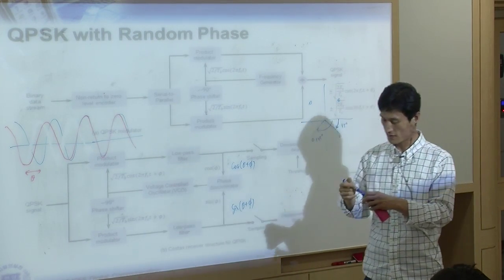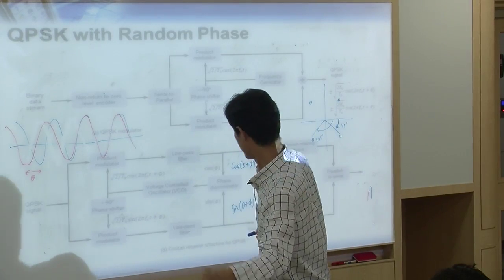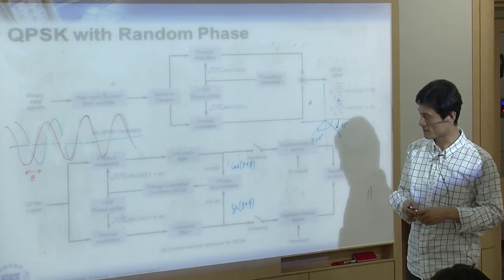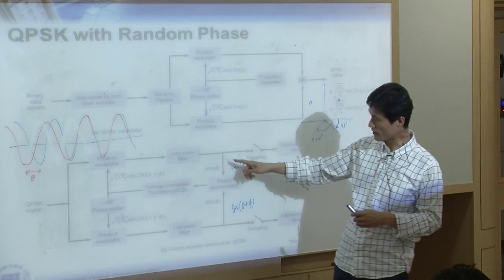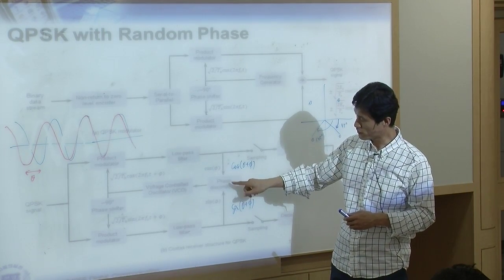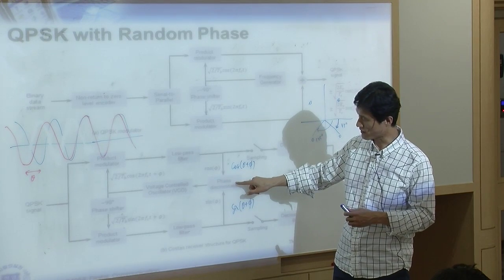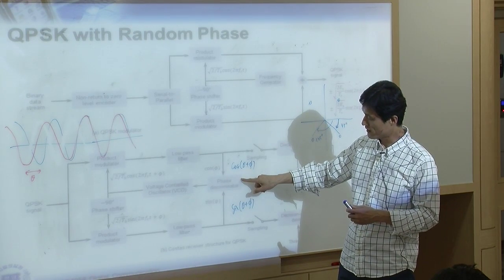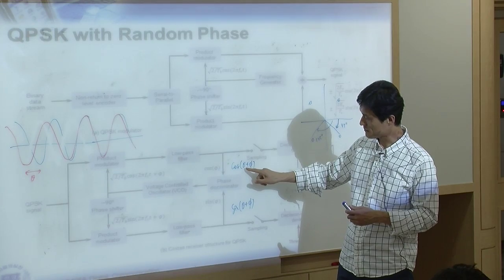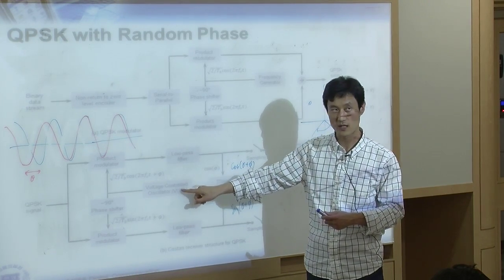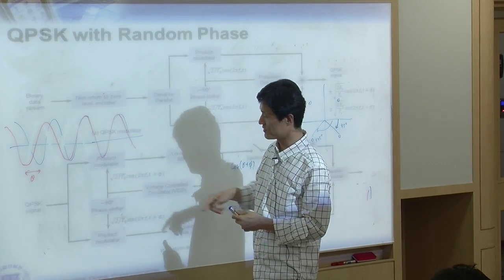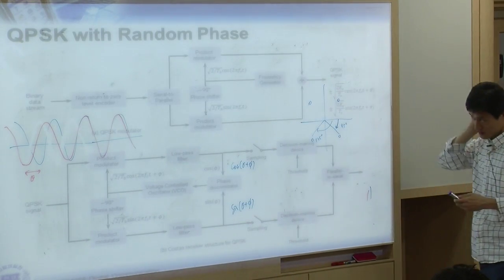I think this block diagram is a little bit wrong, right? Because if you use the same phase discriminator as in BPSK, then when you have some phase difference, you're going to get some voltage output, right? That will kick in some higher frequency. So that means this one's a little bit wrong.